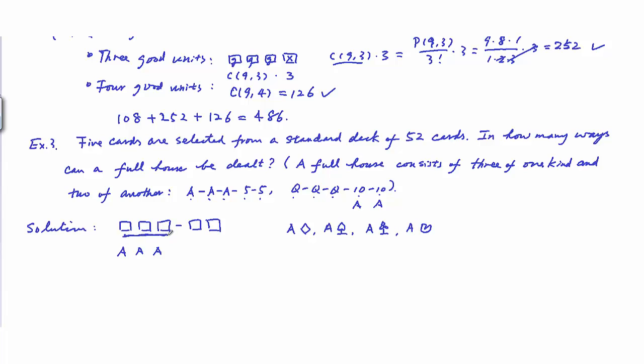So to get these spots, if you choose A, then you have combination of 4 cards taking 3 at a time. But you also can choose 2 diamonds, 2 spades, 2 clubs, or 2 hearts.